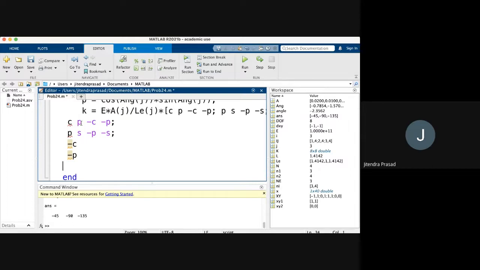Now you have the p s here, so you get minus p or minus s here. Then you get c, you get p here, then you get p, then s here.